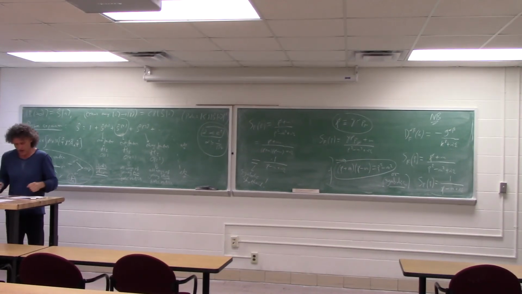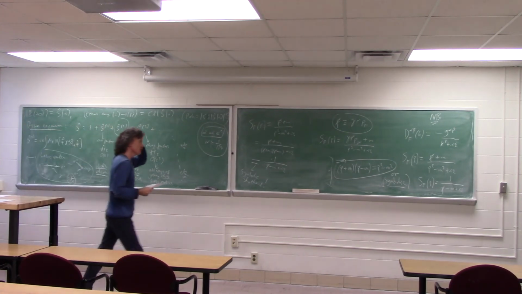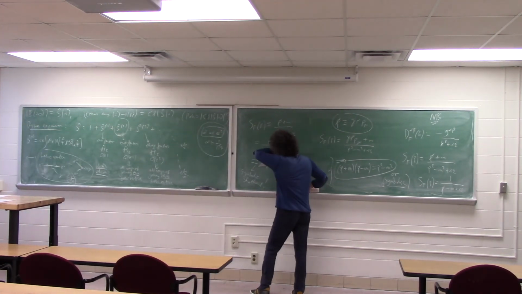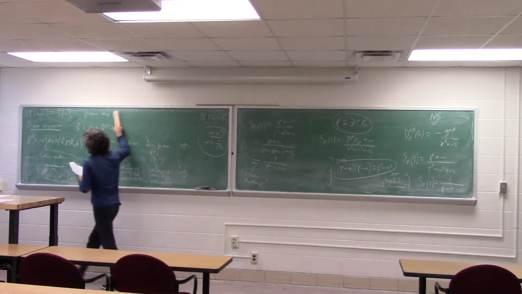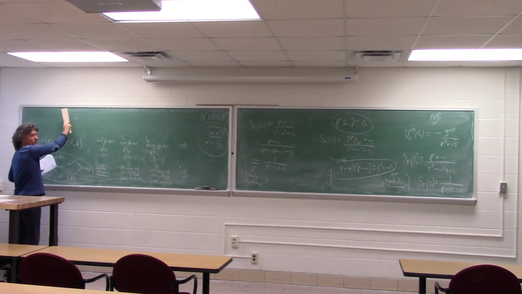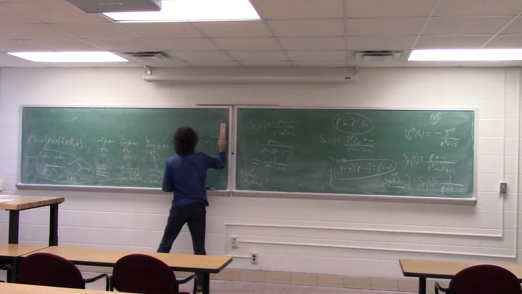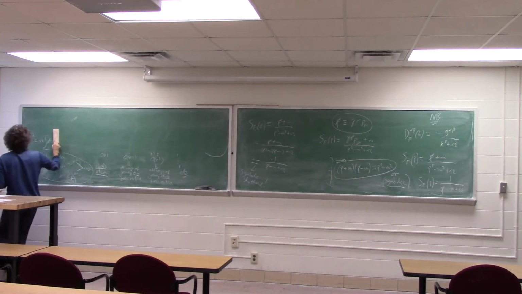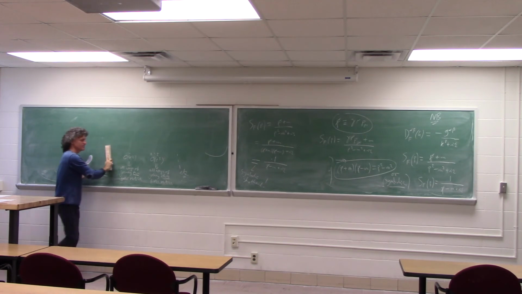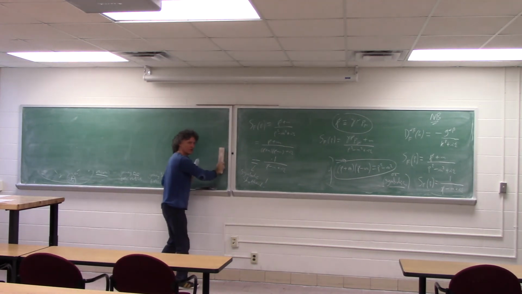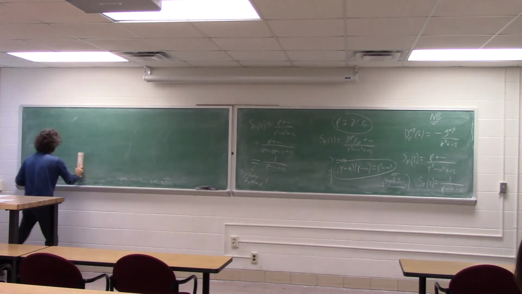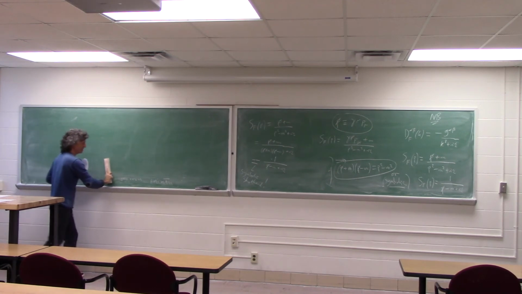Okay, so now we're finally going to look at the general structure of transition amplitudes and write down the Feynman rules. So this is a great moment in your lives. Tonight you can go out and celebrate.